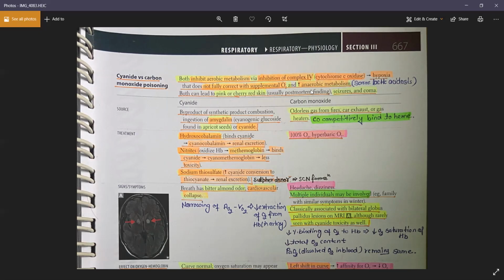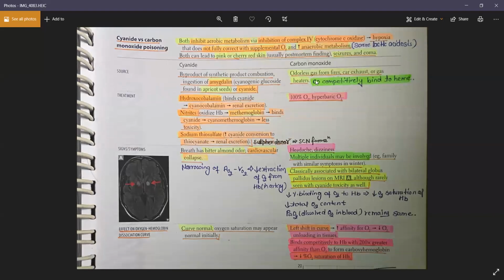In case of carbon monoxide poisoning, it generally happens in fires, car exhaust, or gas heaters. So multiple family members can have a history of the same things. Same symptoms can be there in multiple members of the family. It could be a patient from a labor category, for example, who uses chimneys or some fire combustion to raise the heat.